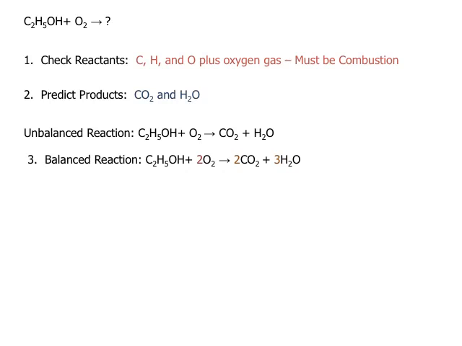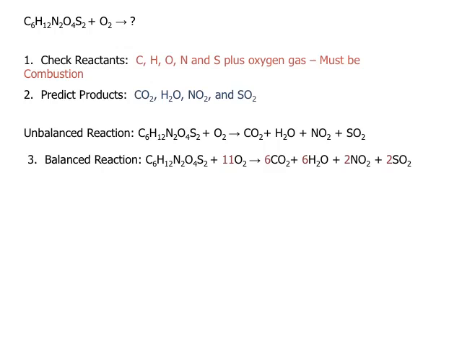So on here, I have 1 oxygen already in my ethanol. So I only need to get 4 remaining oxygens, so I put a 2 there. That's the only hiccup that students have on some of the more complicated combustion reactions, is they forget that they may already have some oxygens outside of just the plus O2 gas.